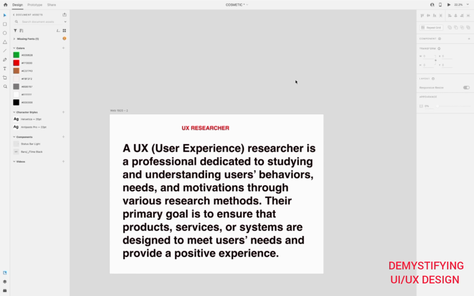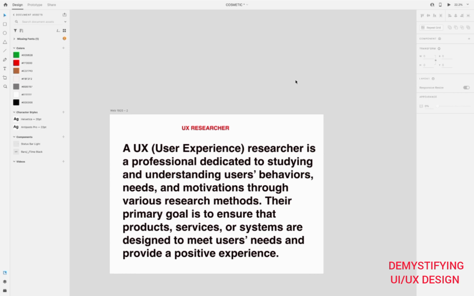Now, we need to design a product. A product might be a website, a system, an app. So we need to understand what the user wants, the people that are going to use this product after design, and how they want it.